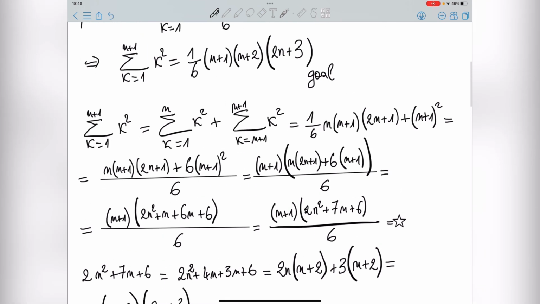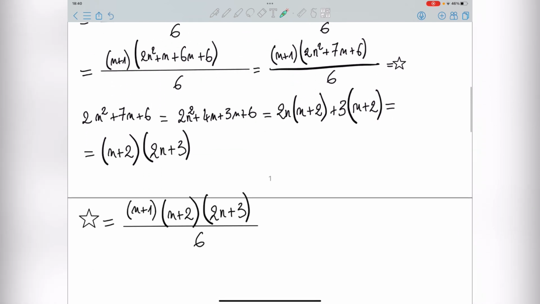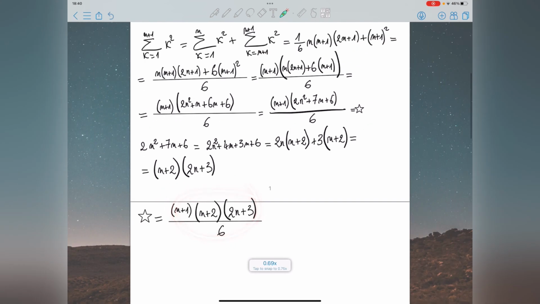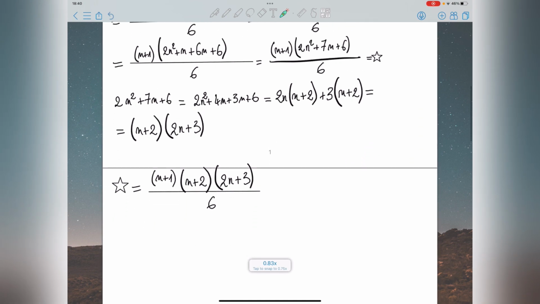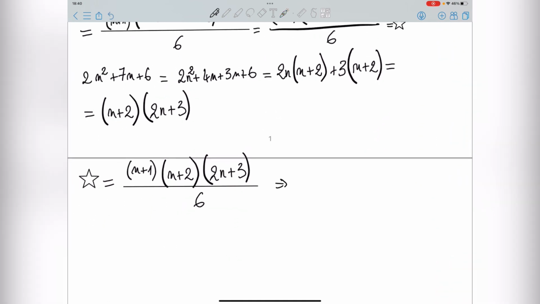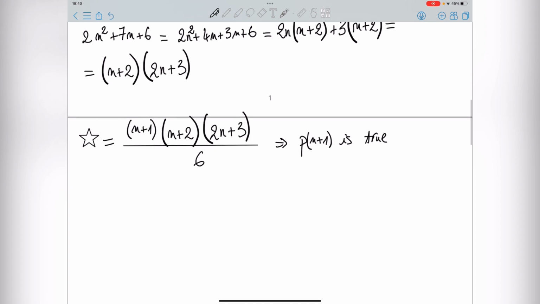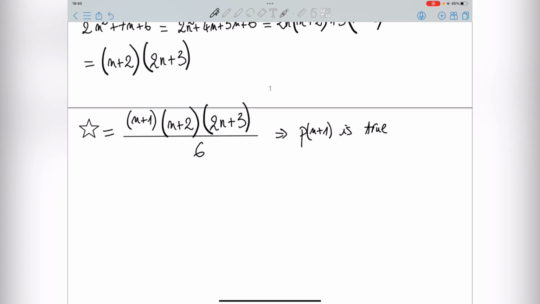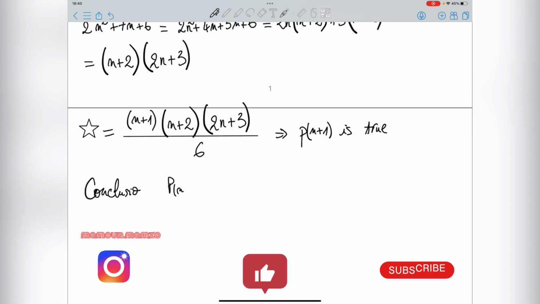As you can see here, this is our goal. So we can conclude that P of n plus 1 is true. So since P of n true implies that P of n plus 1 is true, we can conclude that P of n is true for every natural number n.